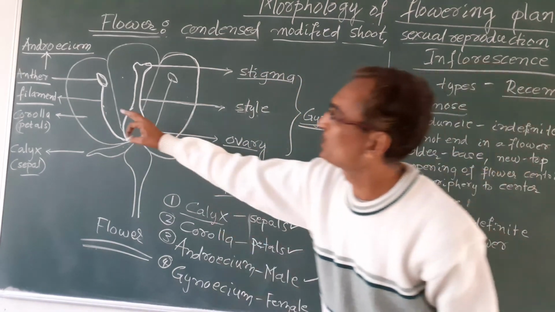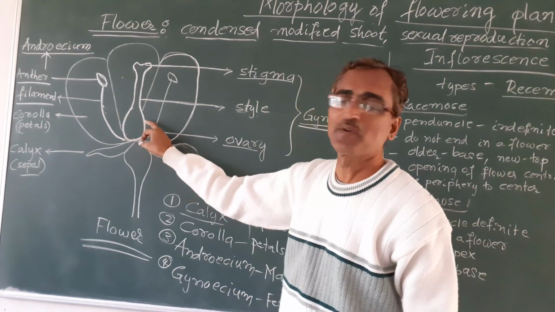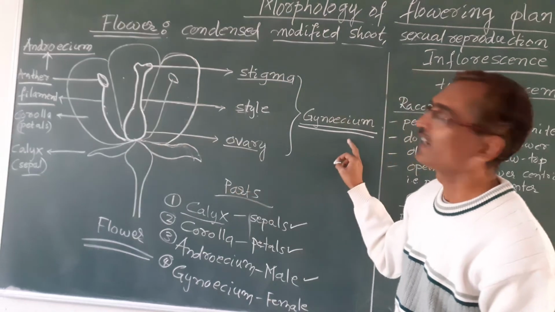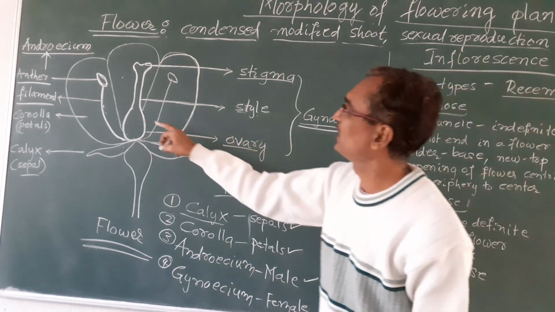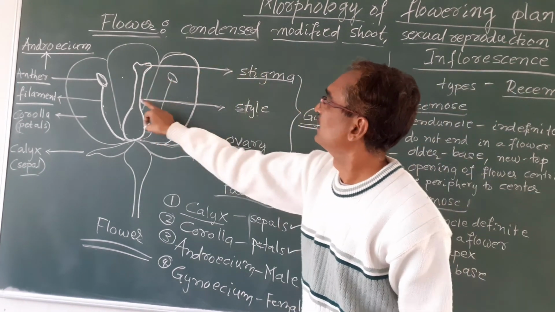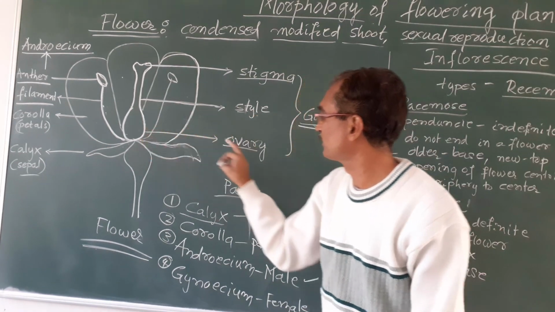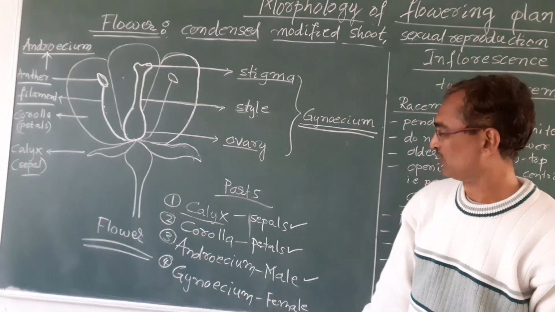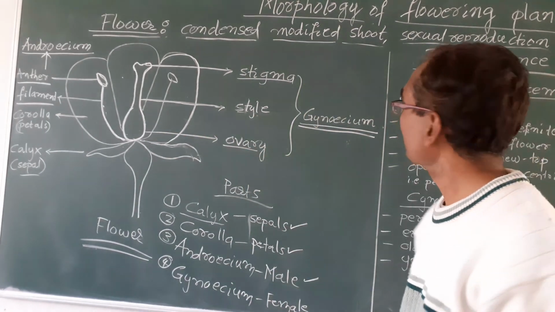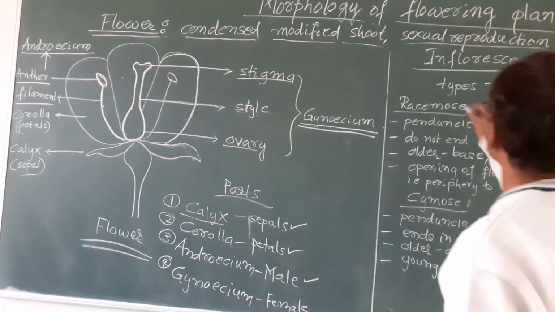Inner to that is the female reproductive structure, the gynoecium, with three parts: stigma, style, and the bulged portion at the base, the ovary.